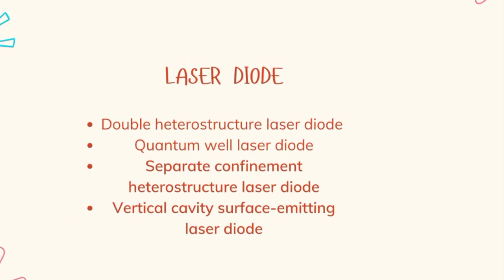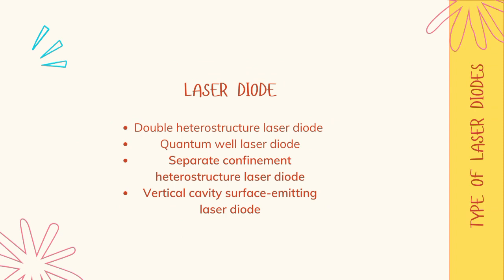Firstly, double heterostructure laser diode. In this type of laser diode, an additional confinement layer of a different material is sandwiched between the p-type and n-type materials. Each junction between different materials is called a heterostructure.